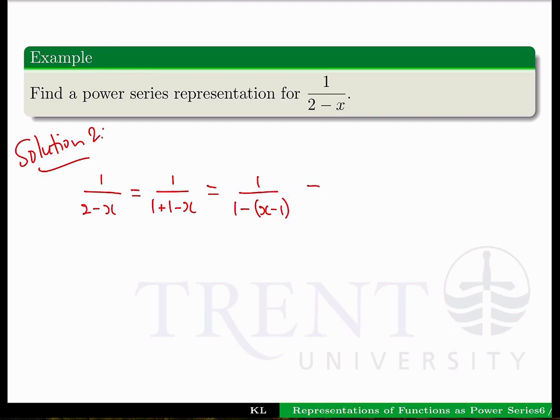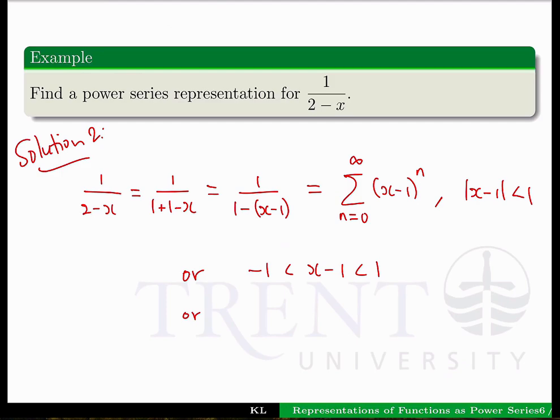So this one can be written as the sum from 0 to plus infinity of x minus 1 to the power n, provided that the absolute value of x minus 1 is less than 1. Or we have negative 1 less than x minus 1 less than 1, or adding 1 on all sides, we will have 0 less than x less than 2.